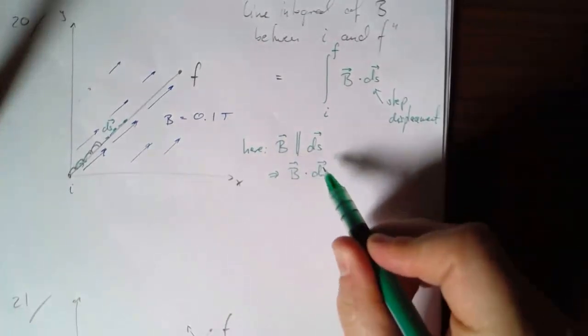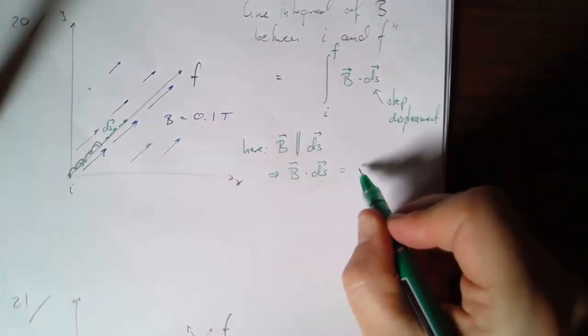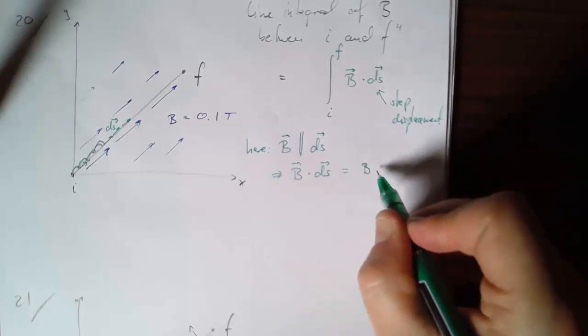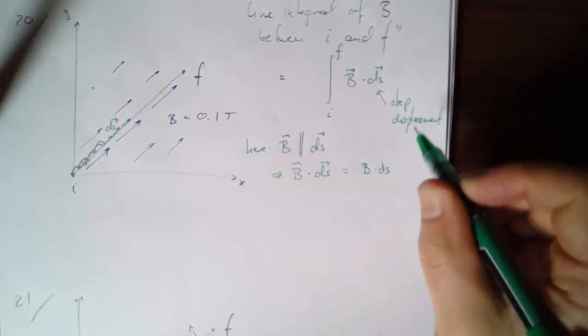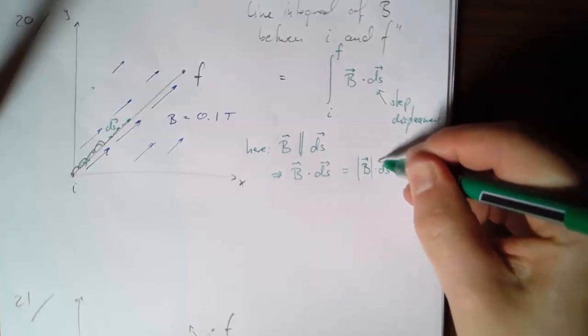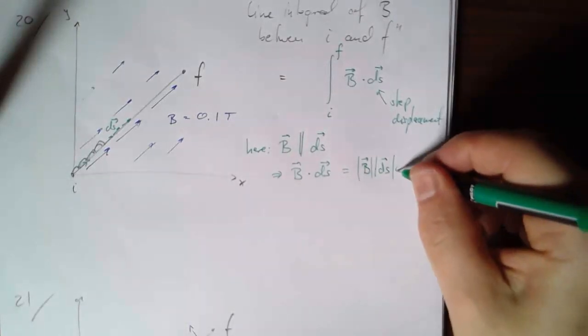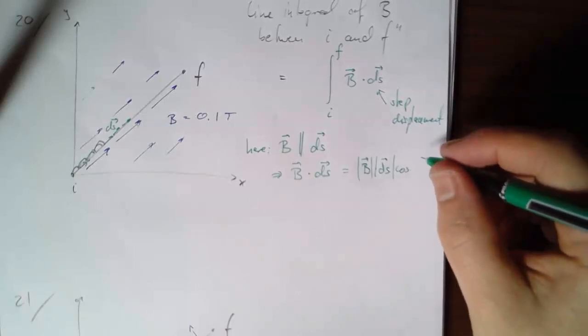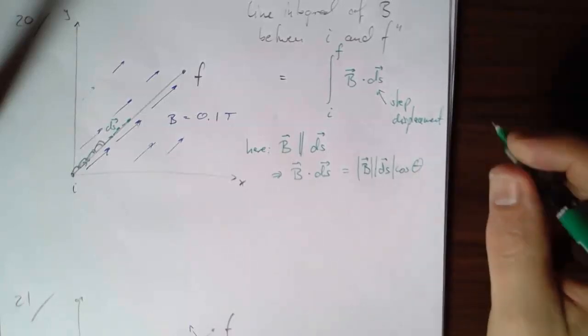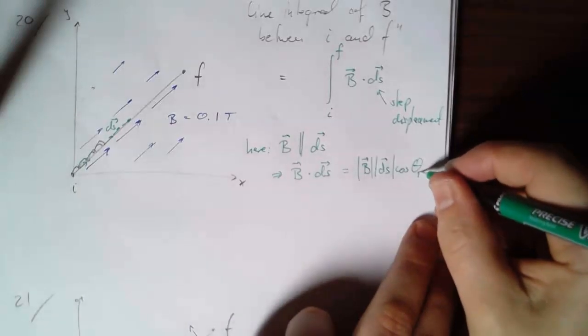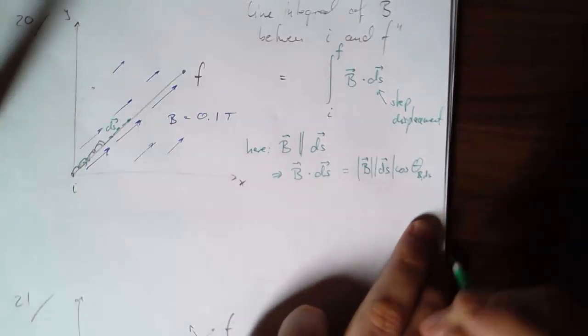So I only really have to evaluate this once, and I'm doing it right now. I'm going to get the magnitude of B times the magnitude of ds, times the cosine of the angle between them, where theta is between B and ds. We write it like this.